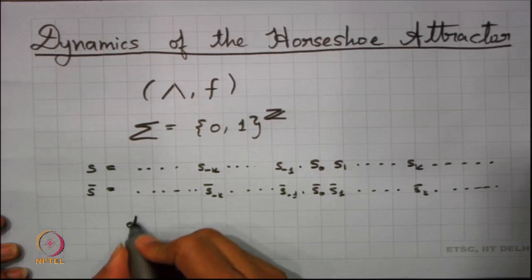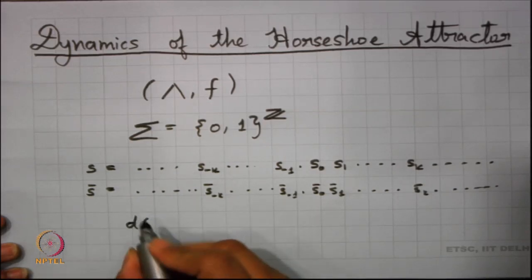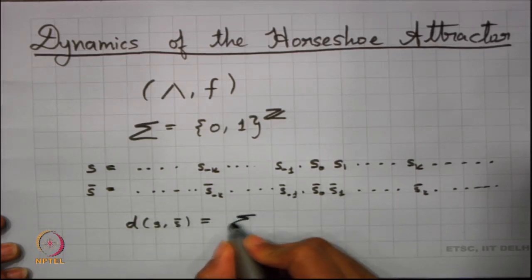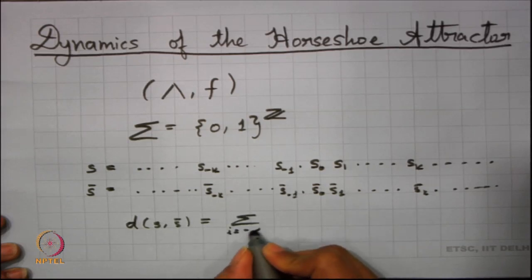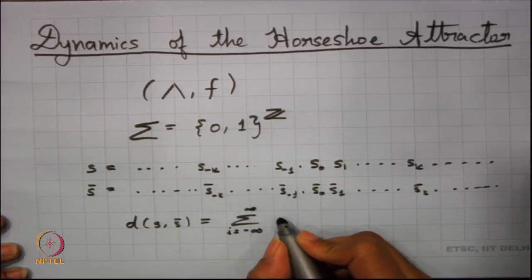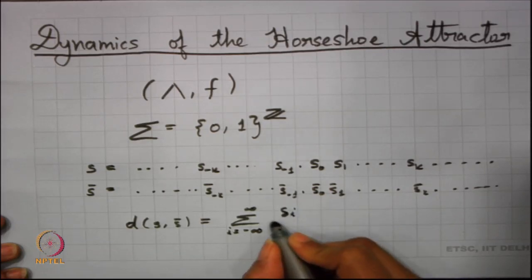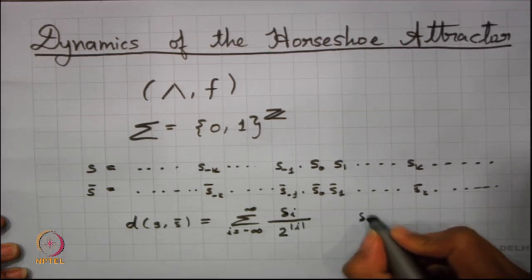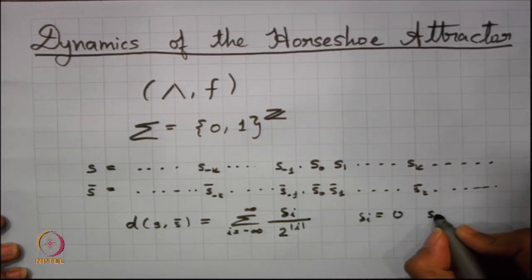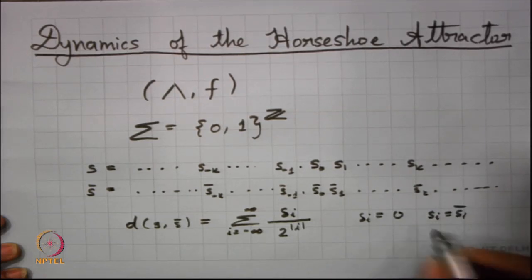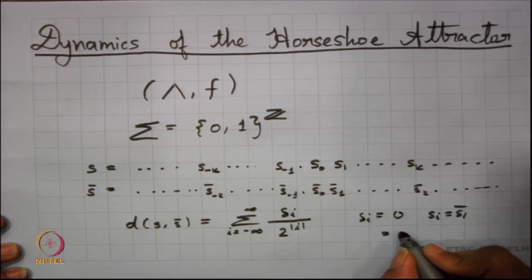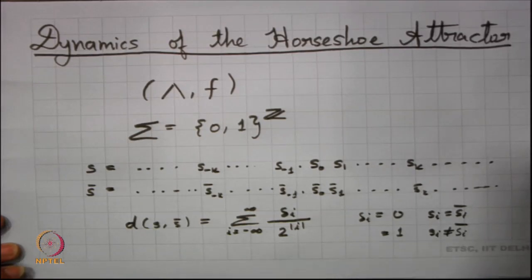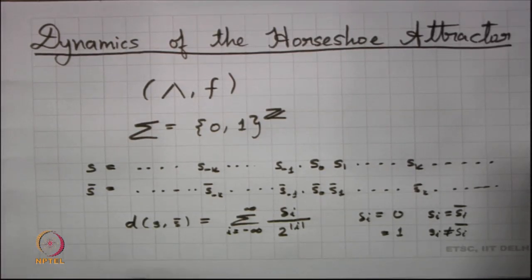We can define a function d on sigma cross sigma. We define this metric d of S, S bar to be the summation over i from minus infinity to infinity of delta i upon 2 to the power mod i, where delta i is 0 if S i is the same as S i bar, and 1 if S i is not equal to S i bar.